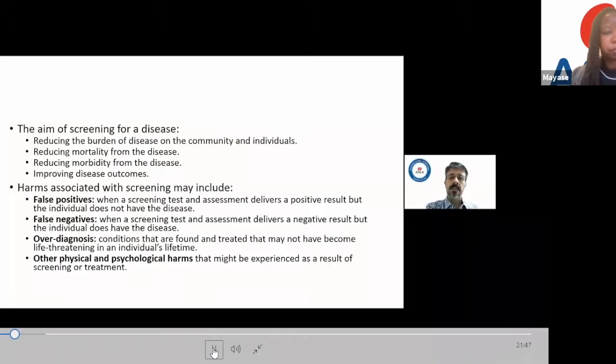There are some diseases where they're relatively mild, and if you screen for those diseases, there'll be an overdiagnosis of certain conditions that may not actually impact the disease. And I don't think sickle cell disease falls into that category. And obviously there are some other physical and psychological harms, physical harms being the testing itself does involve a blood test, and the psychological harms which we've spoken about.